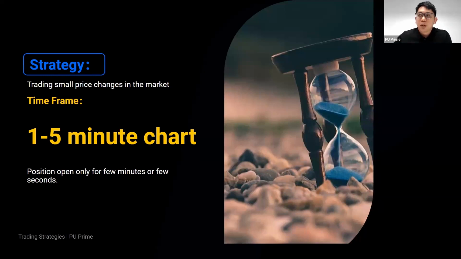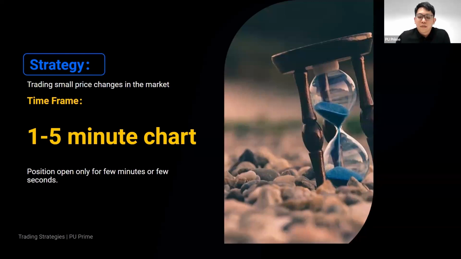If you want to adopt this strategy, you had better choose asset classes and pairings that have a smaller spread, so you will not eat out your profit. Also bear in mind to trade pairings that have higher volatility, or else you will open a position and the volatility will be just between a few pips, which is a waste of time.